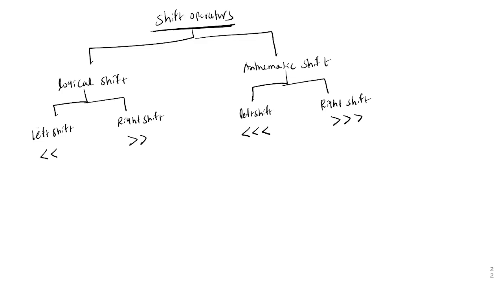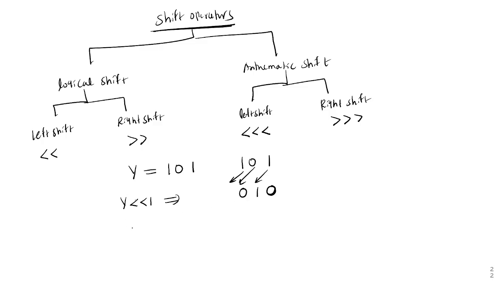Suppose y equal to 101, and I do logical left shift by one position. So 101 is shifted: this bit will be gone, the others move one position, and whatever vacant position is there will be loaded with 0. This is logical left shift.